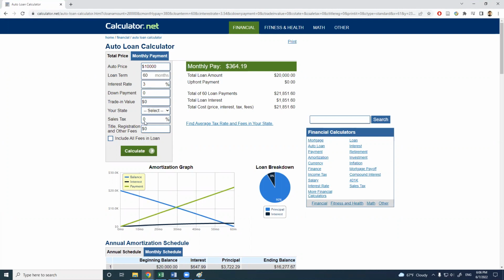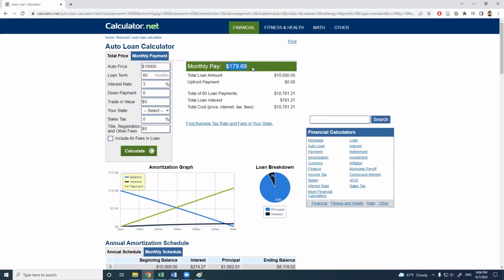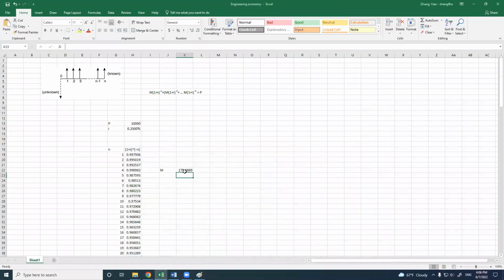We just keep all the others at 0 for now, and then do the calculation. And here you will get a value of 179.69. Now let's look at our equation: 179.6869. It's the same value, right? All right, so this is how you can build a simple Excel model to calculate equal payment.